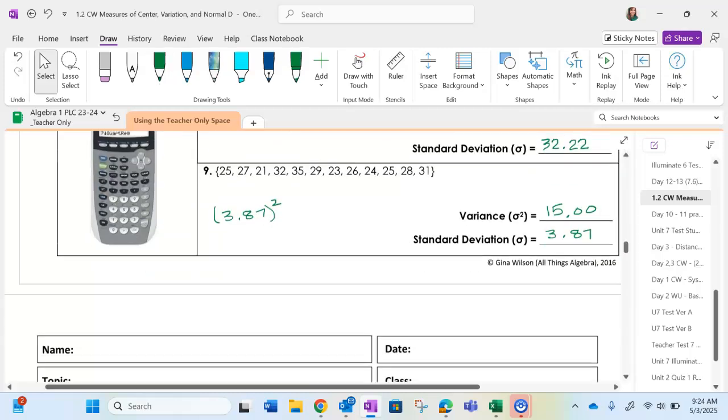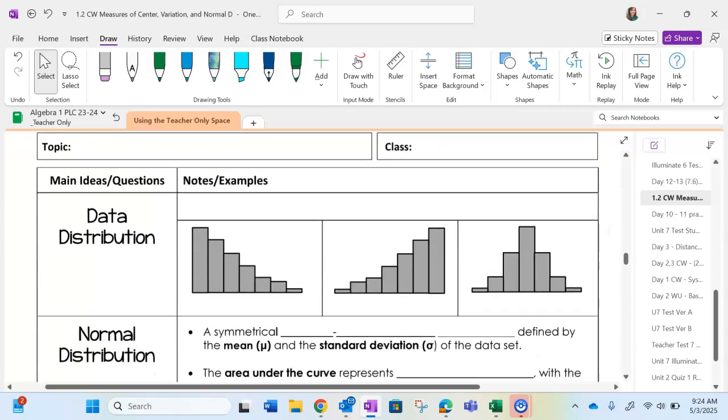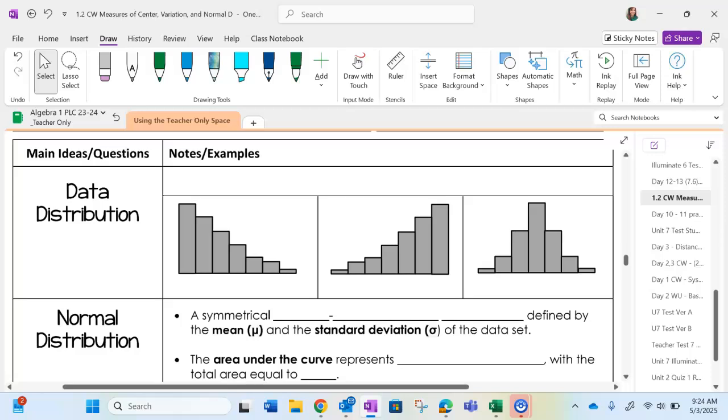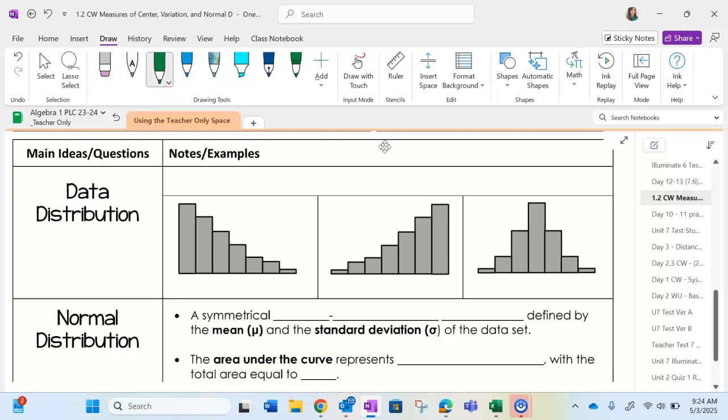All right, now we're going to go to the next part of what we learned in class. Data distribution. Okay. All right, so we're going to talk about normal, probability, skewed.